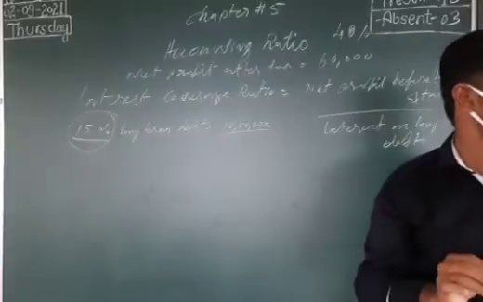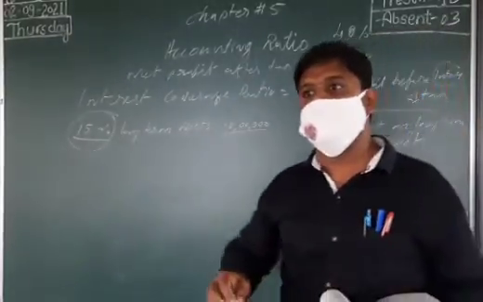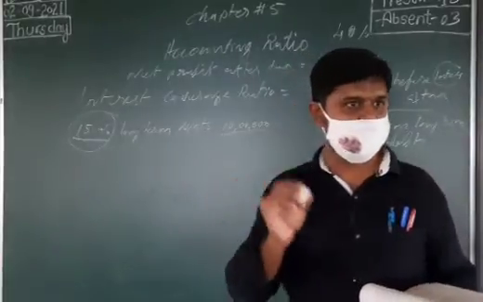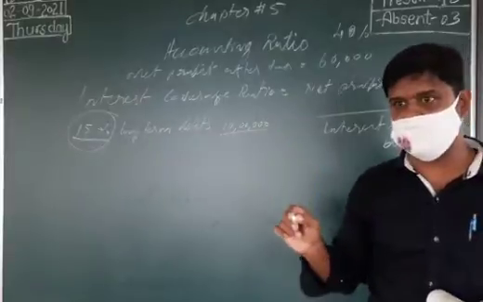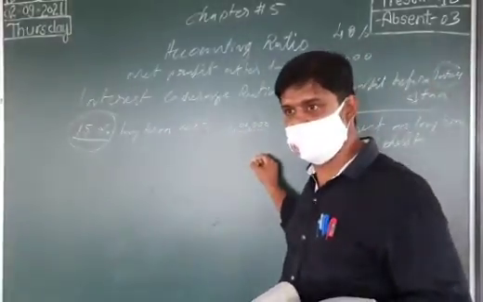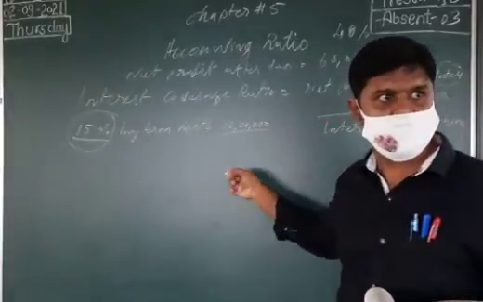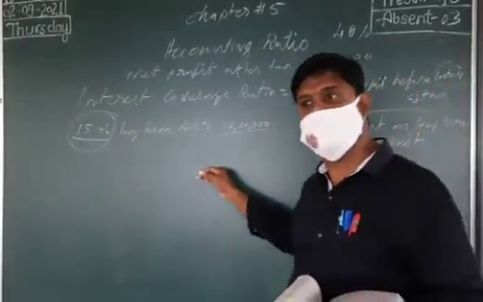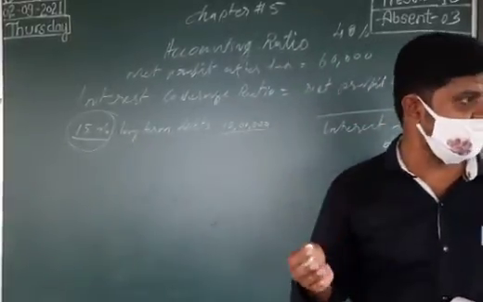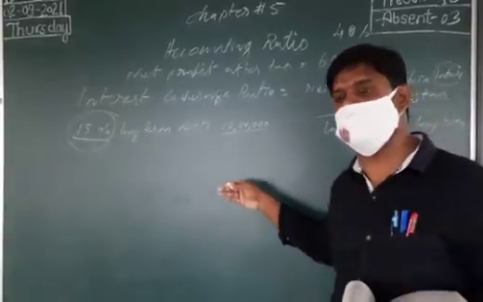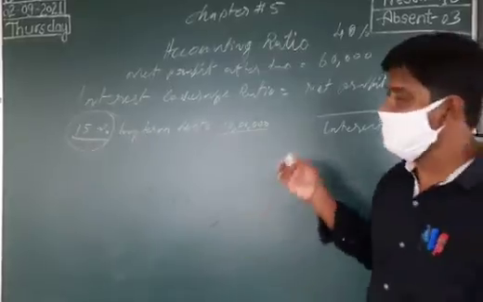In the profit and loss account of a company's financial statement, you find the profit, and at the end we reduce the tax separately. That means over the profit we pay a certain percentage as tax. So after paying tax, what we get is the net profit.